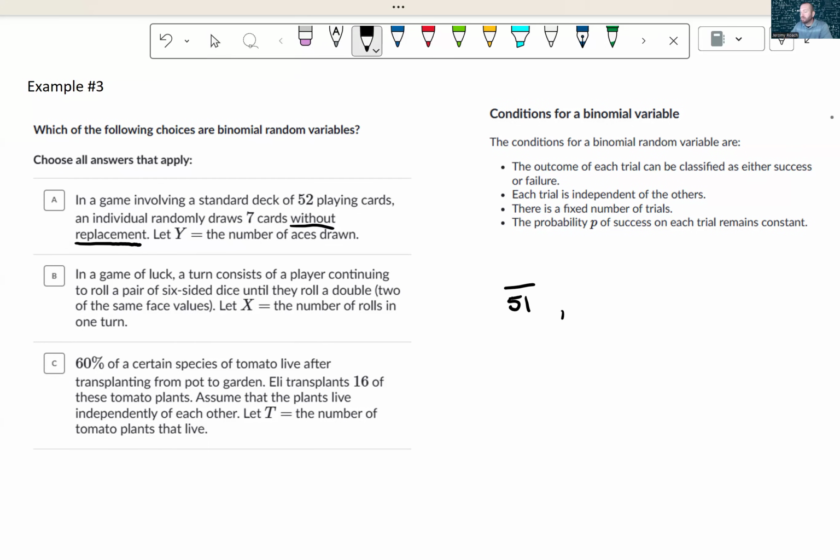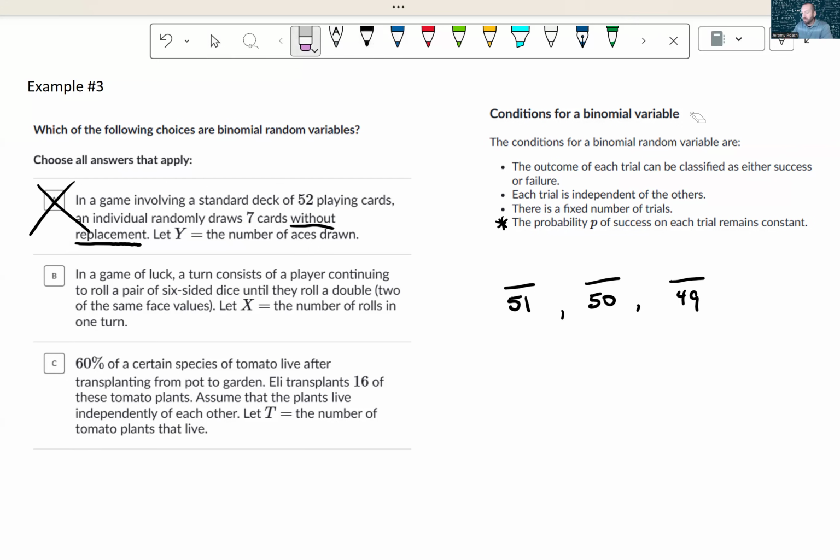The next time, it's going to be out of 50, and the next time out of 49, because we're not replacing that card. So the probability does not remain constant, and A is not a binomial variable.